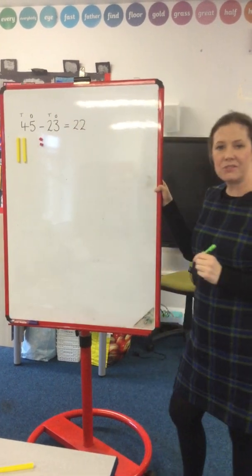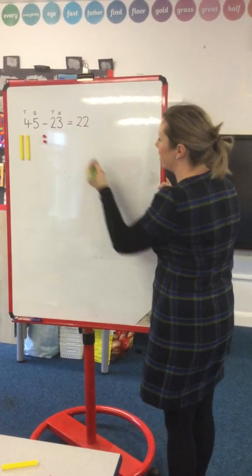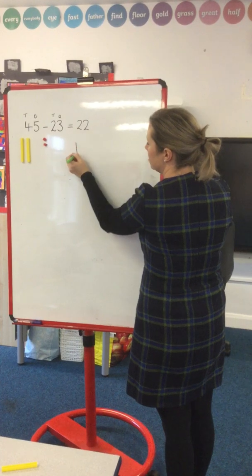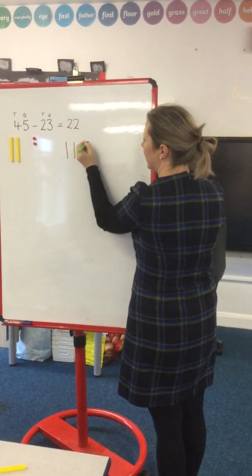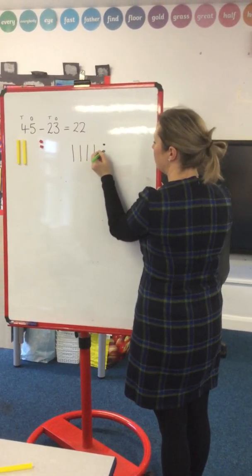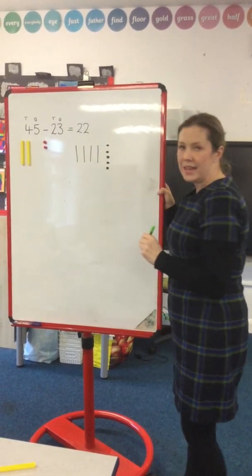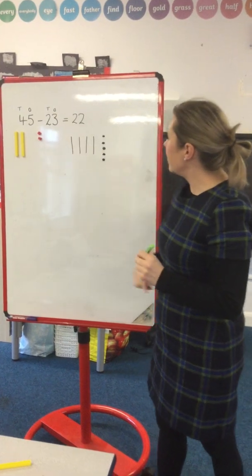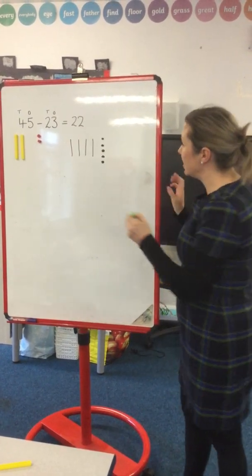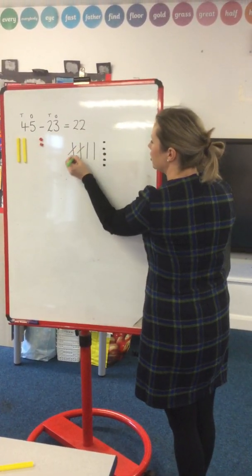And then because we know how to use the Dean's apparatus, we're going to do a jotting now. So we're going to do 10, 20, 30, 40, 41, 42, 43, 44, 45. And then when we're looking at 23, we're going to take away 2 10s because 2 10s is the 20. So 10, 20.